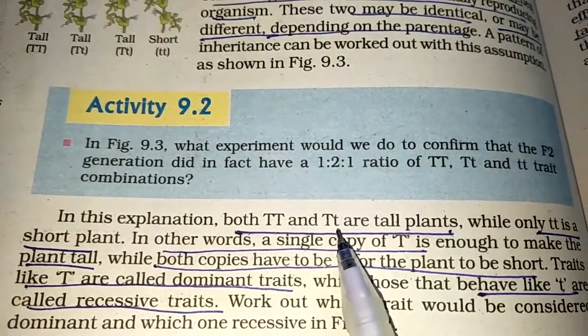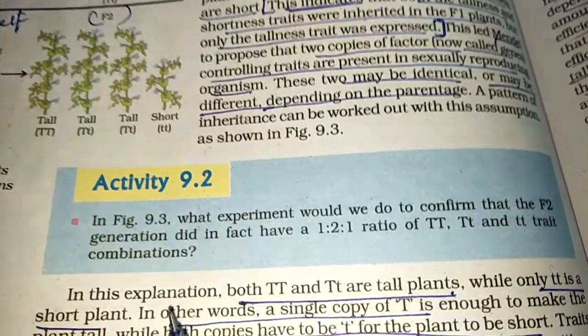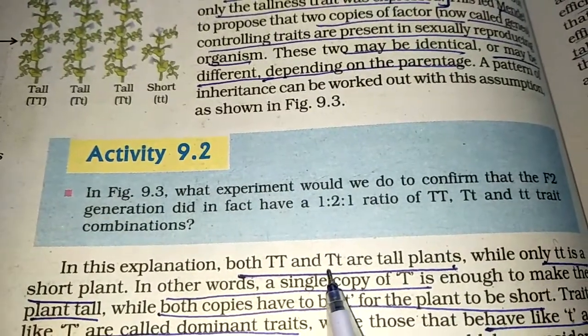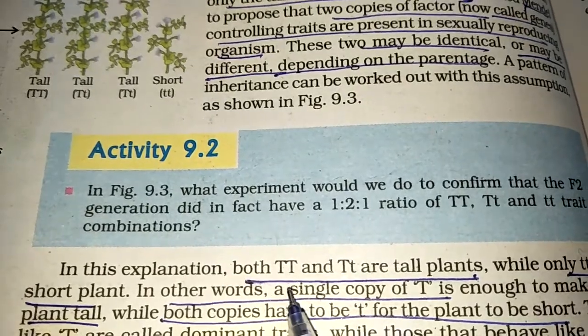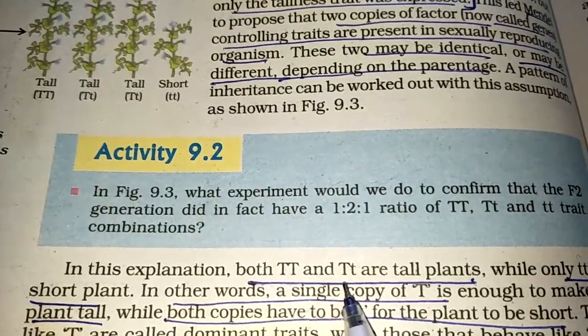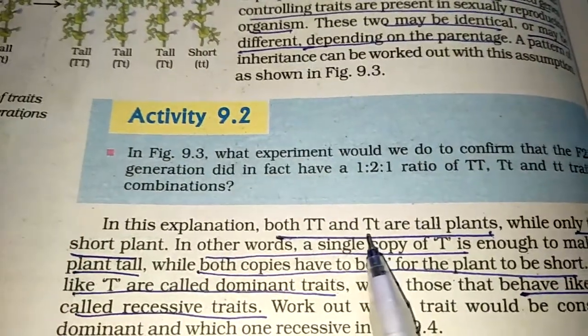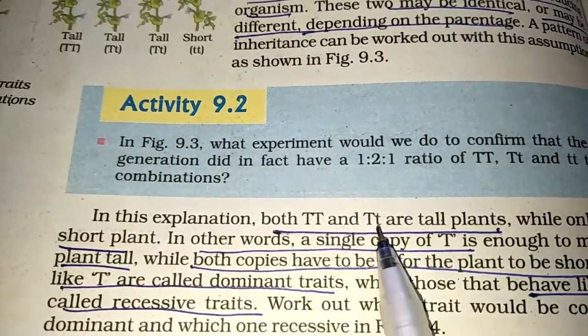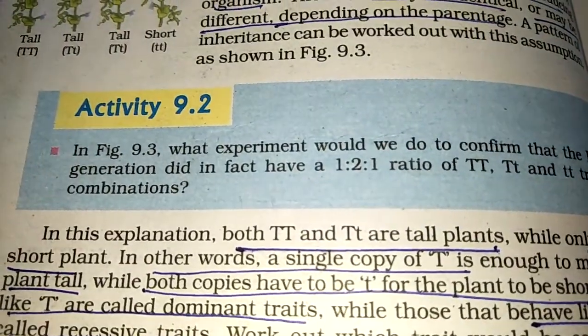So for expressing shortness, you need 2 small t's, but for expressing tallness you need only 1 capital T. Here there are 2, so it will be tall, but even if there is 1 capital T, it will be tall because this is the dominant gene and this is a recessive gene. We'll study the next experiment next time.